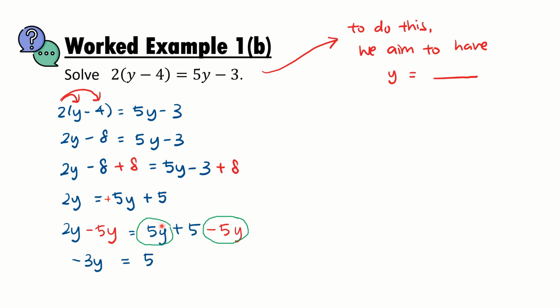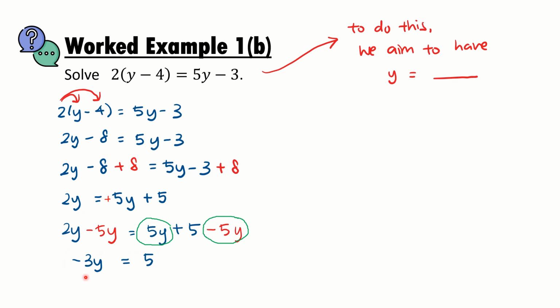So this positive 5y and minus 5y is gone. We are left with the positive 5, which I just write as 5 will do. And on the left hand side, 2y minus 5y will give us a negative 3y, because 2 minus 5 gives us negative 3.